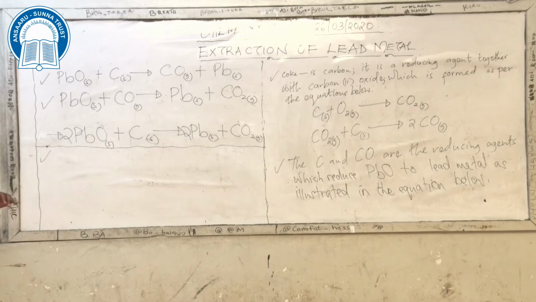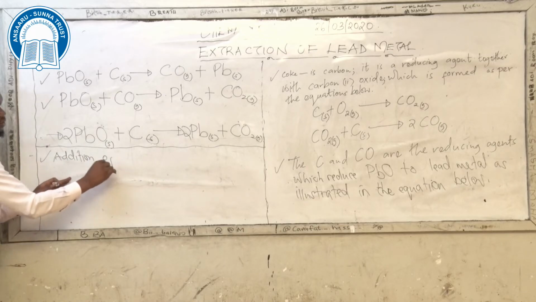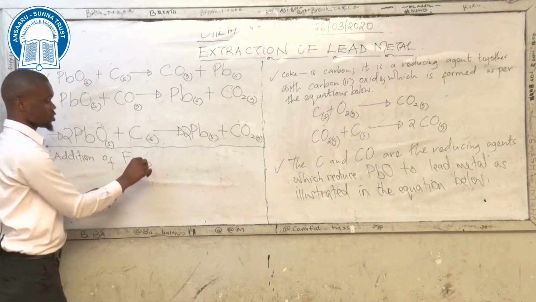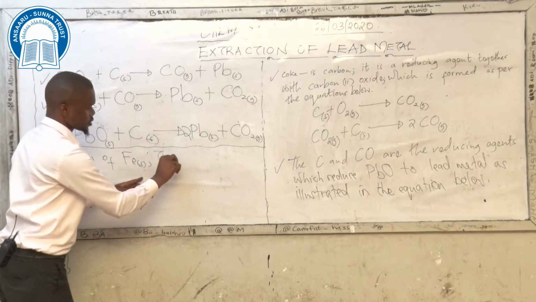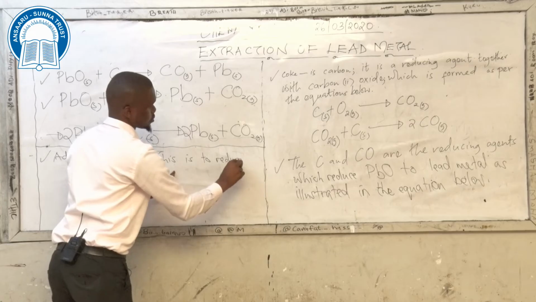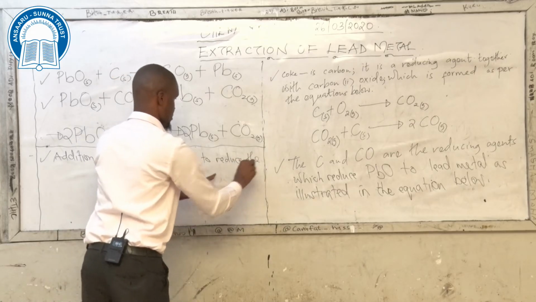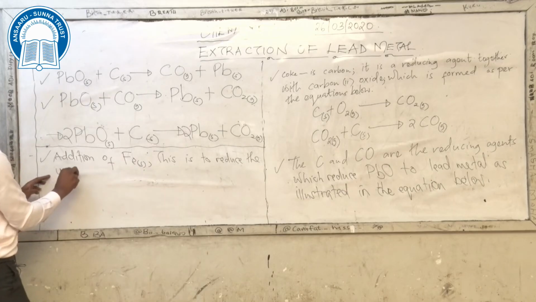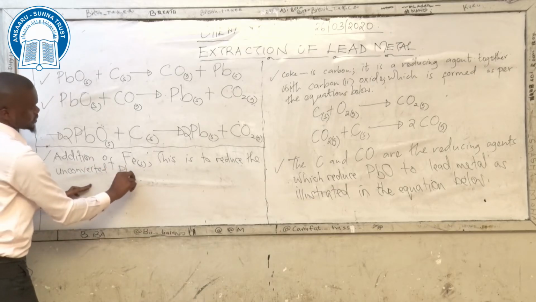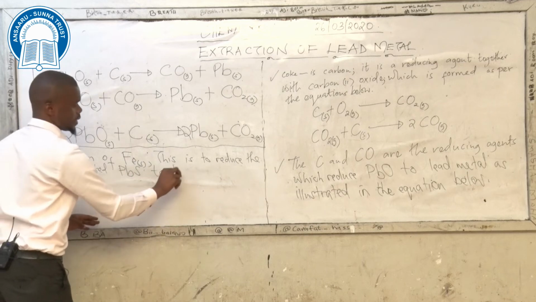It is in this extraction of lead that another special reduction process is involved, and there is addition of iron metal, and the purpose of addition of iron metal is to reduce the unconverted lead sulfide to lead metal.